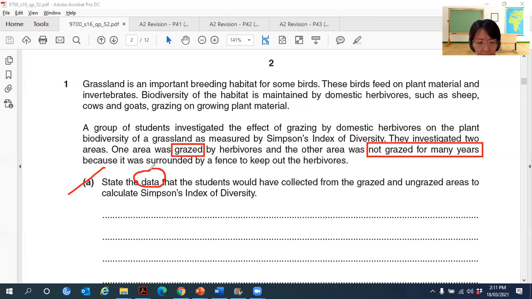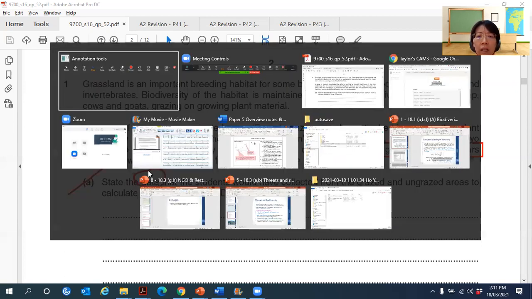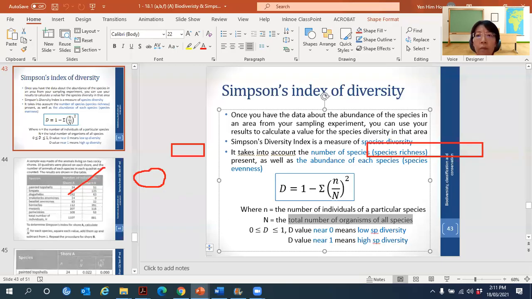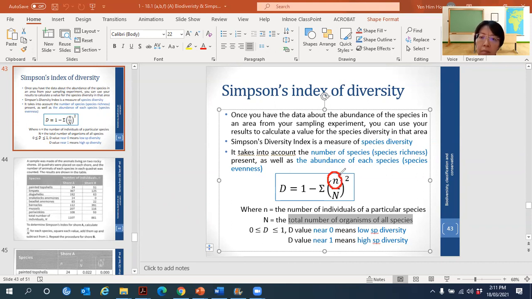So in this case, based on the Simpson's Index of Diversity that you have studied before, if you look at the equation here, the two variables that you need to use for calculations are small n, which stands for the number of individuals of a particular species, and the big N, which stands for the total number of organisms of all species.